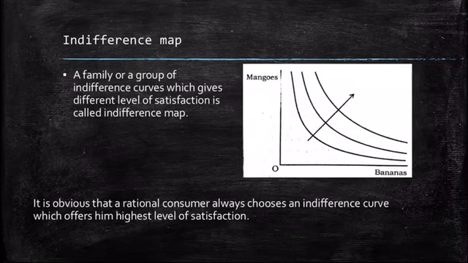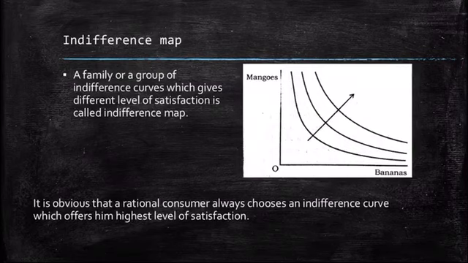In simple meaning, an indifference map is nothing but a family or a group of indifference curves which give him different levels of satisfaction. Here, one important difference we have to make out is between an indifference curve and an indifference map.